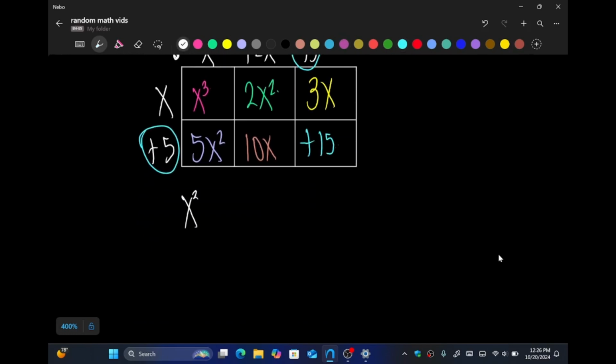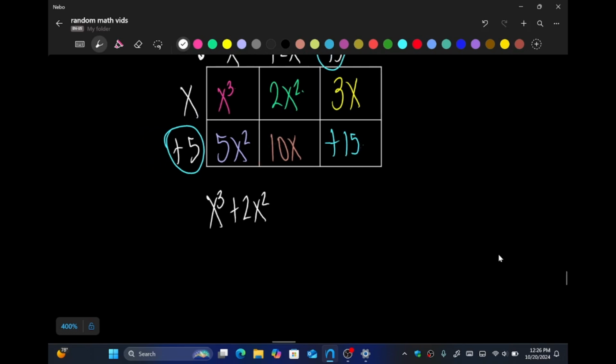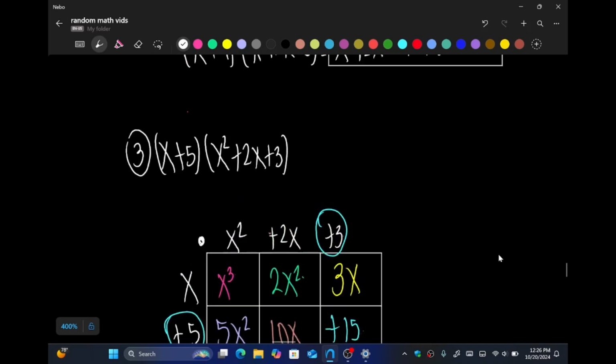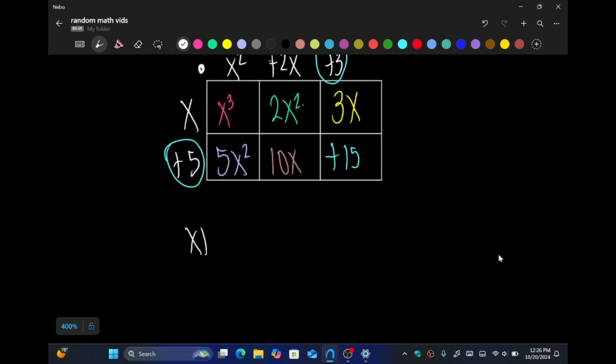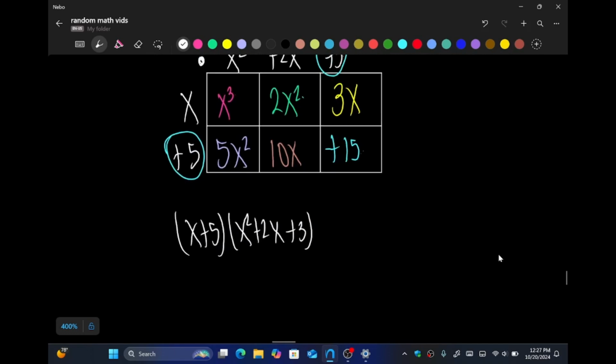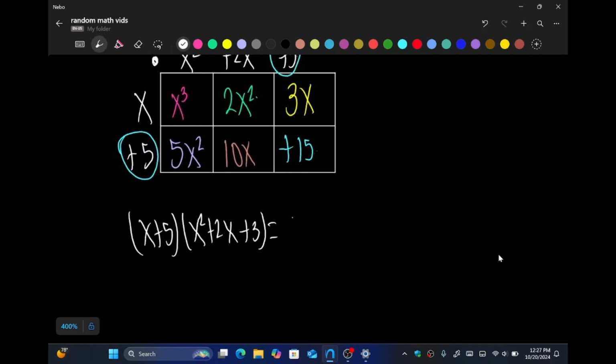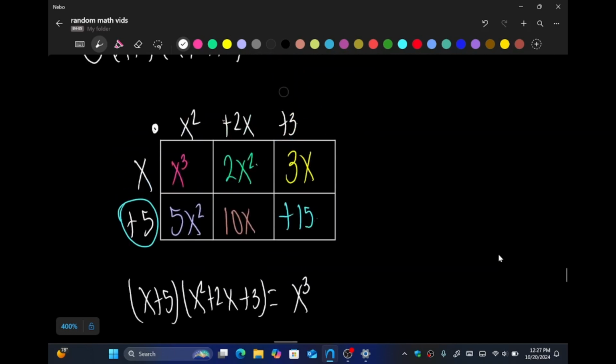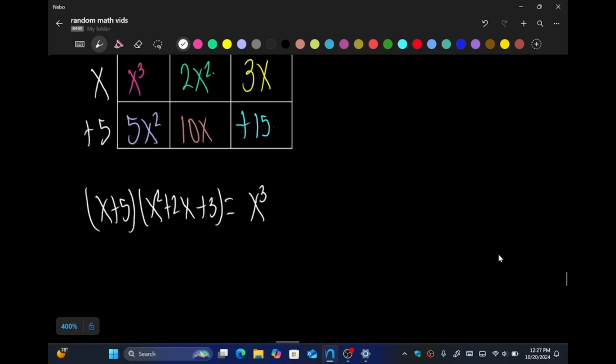So this is going to go x cubed plus 2x squared. I'm going to write this down. So x plus 5 times x squared plus 2x plus 3, right, equals, and we're going to list them out. So x cubed plus 2x squared.